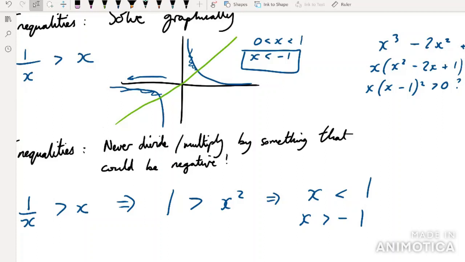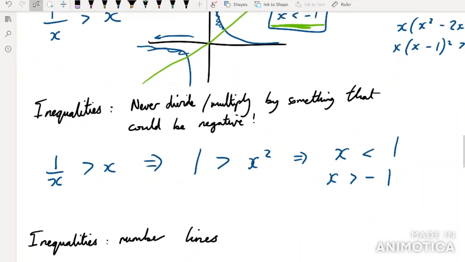It's very similar, but have a look at it. That's not quite the same result. So why has that gone wrong? Here we got the actual answer is x is less than minus 1, whereas here we've got x is greater than minus 1. So it has gone wrong.